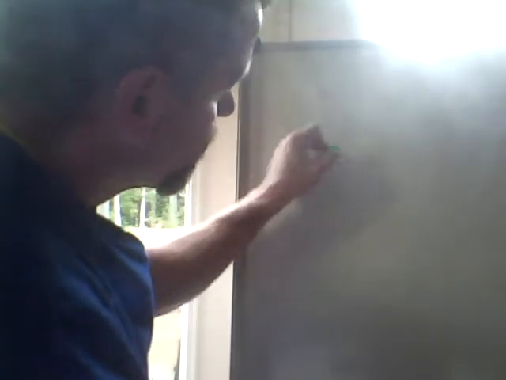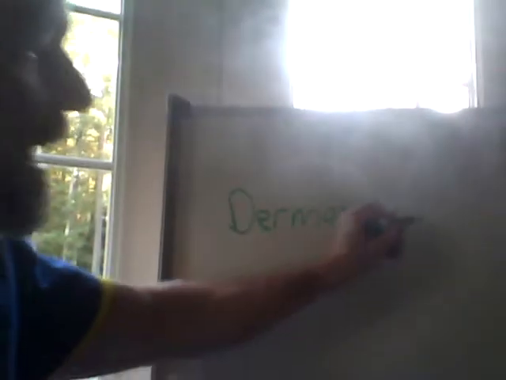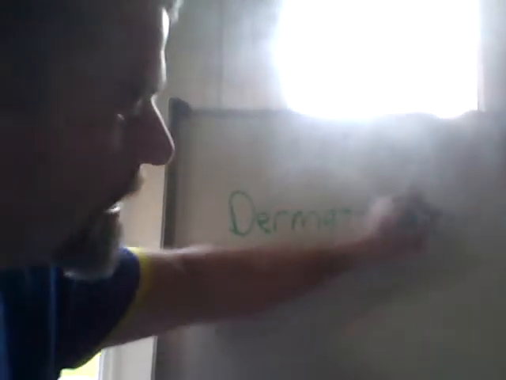And dermatitis is going to have as its root word dermato. That's D-E-R-M-A-T-O. Dermato is going to be the combining form. And then at the end, we have the suffix I-T-I-S.